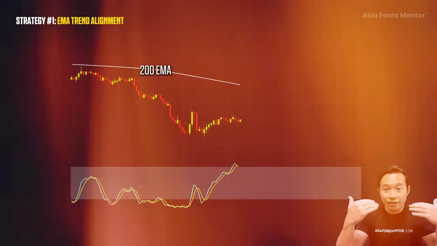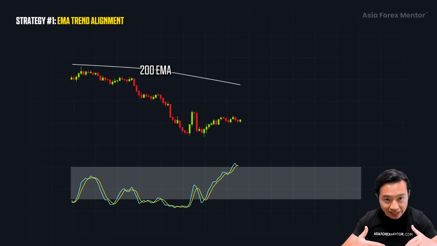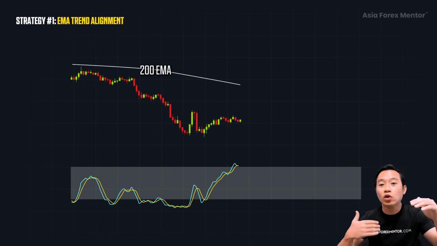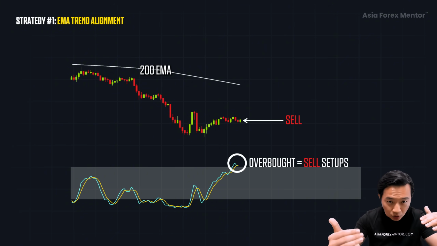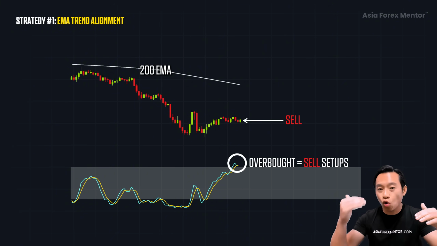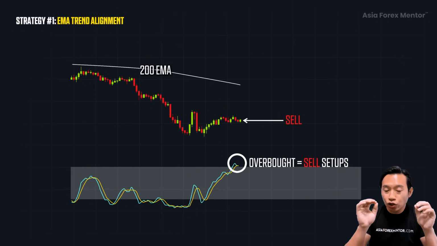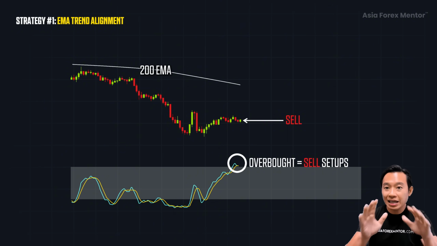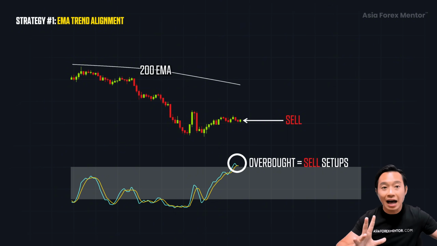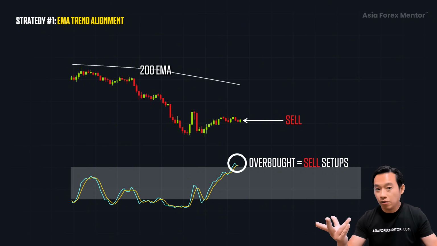Now, if the market is below the 200 EMA, that's where we look to sell with the stochastic in the overbought zone. That's it. It's that simple. By doing that alone, it instantly removes half of the bad trades.